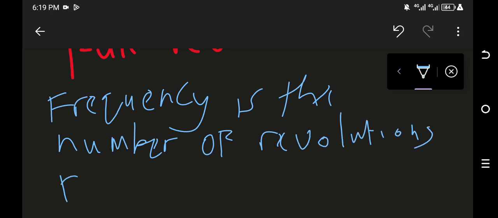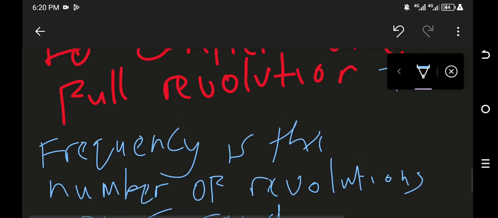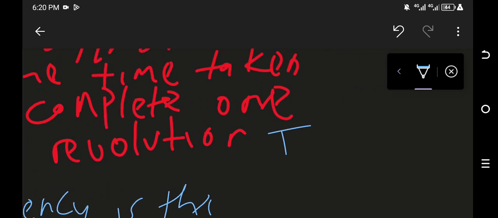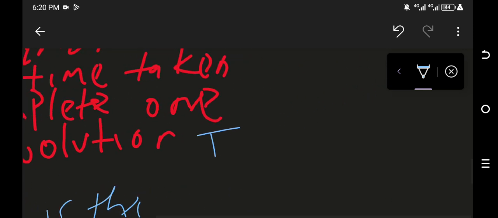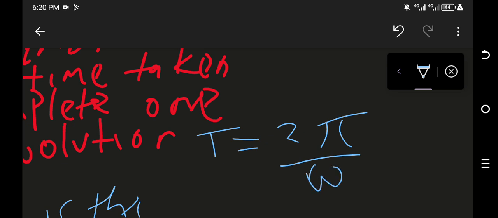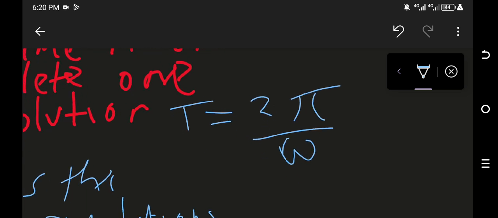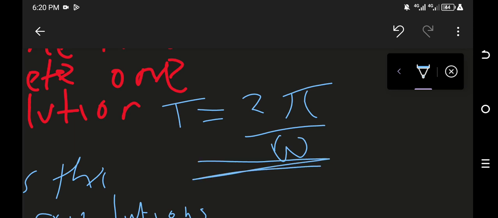So that is frequency. One thing which I forgot about is the formula for the period. The formula for the period is 2 pi radians over the angular velocity. That is how you define the period in circular motion.